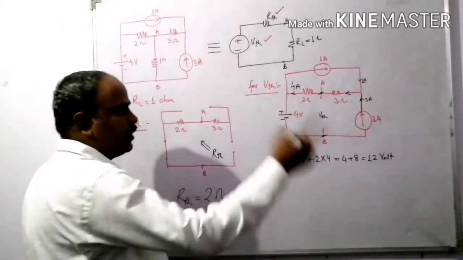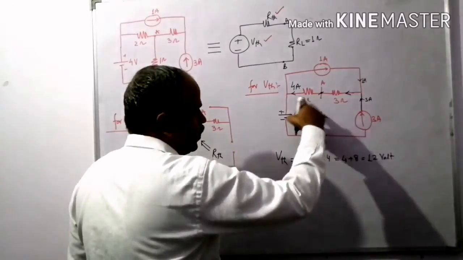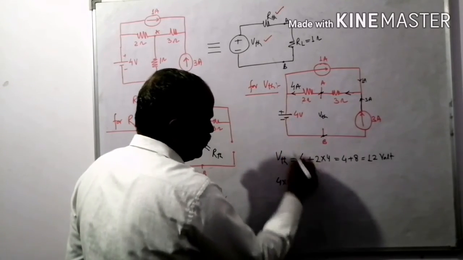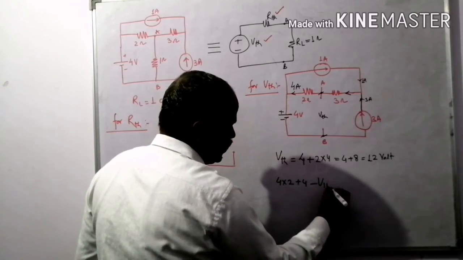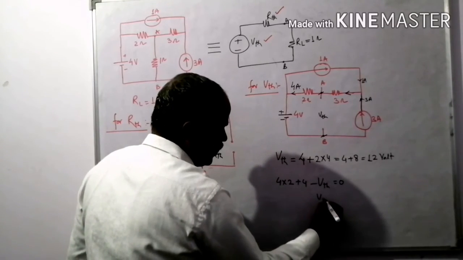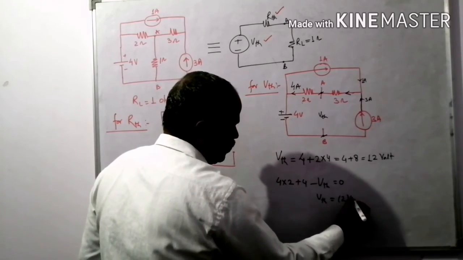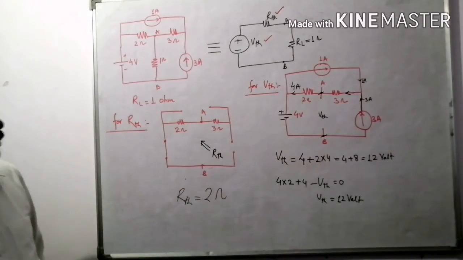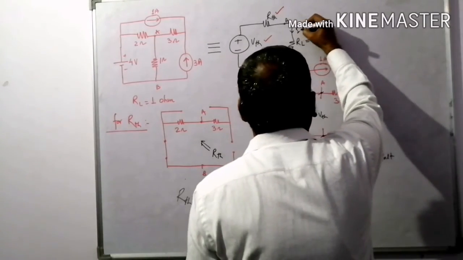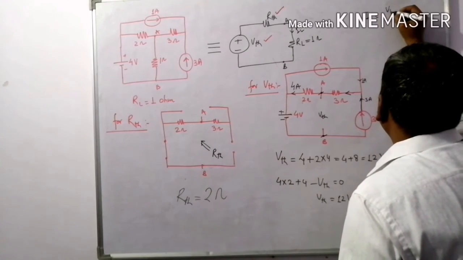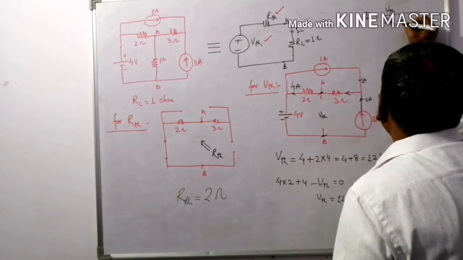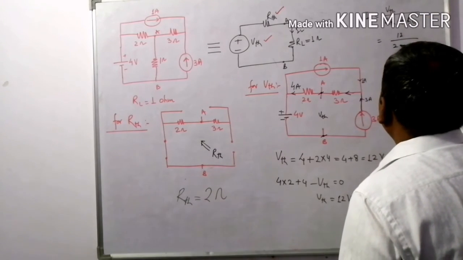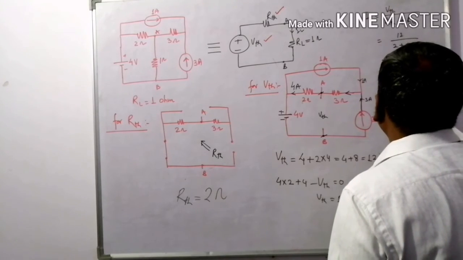Right? Or in other words, see this one, 4 into 2 plus 4 minus VTH equal to 0. Once again, we will get the same value, that is 12 volt. So this is the Thevenin equivalent voltage. Now, for the IL, VTH upon RTH plus RL, it is 12 divided by 2 plus 1, 12 divided by 3.